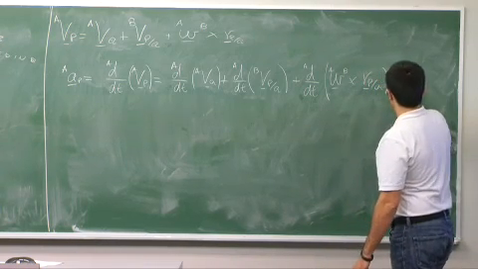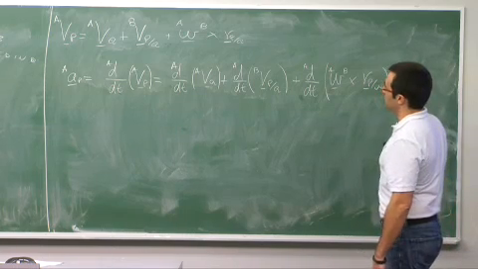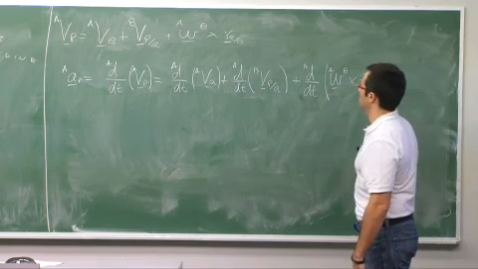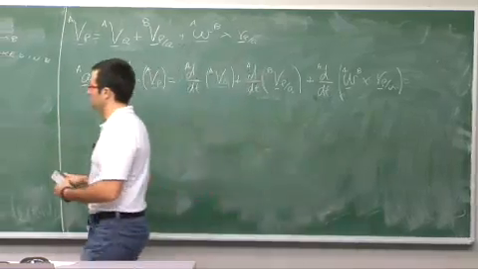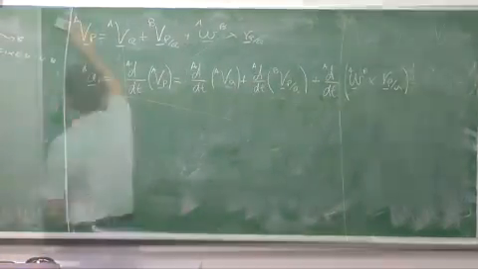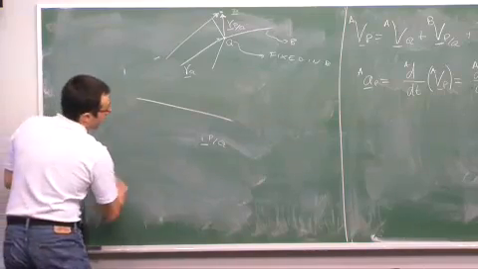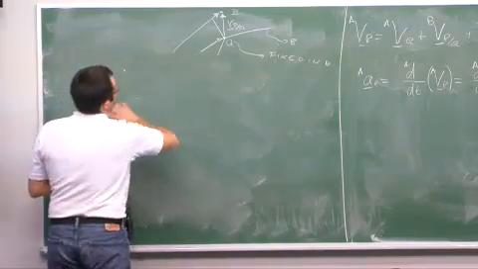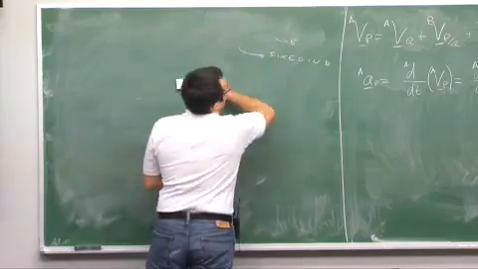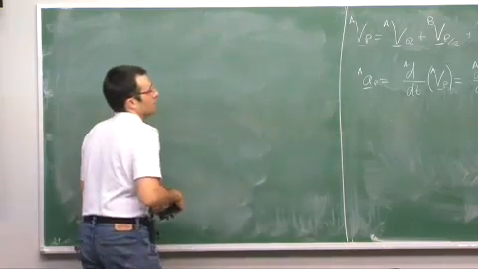Okay. Can someone start helping me with these terms? Let's start with this one. d dt in A of the velocity of Q as seen by an observer in A. What is that?